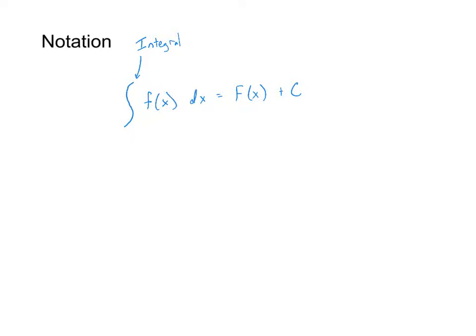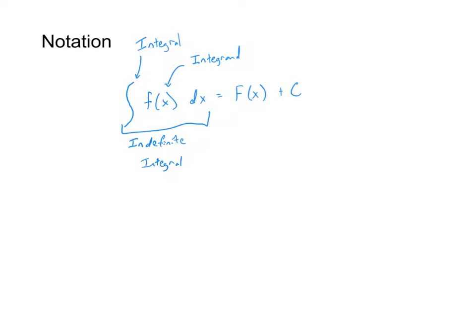Okay. This f of x right there is called the integrand. That's the function that we are integrating, that we're taking the integral of, and then this whole thing is called an indefinite integral.